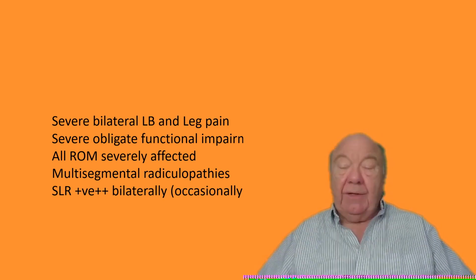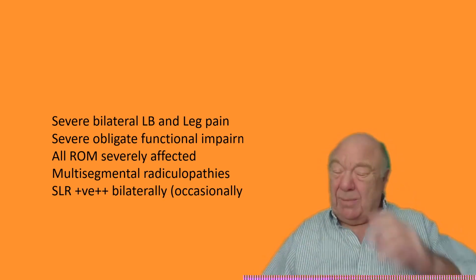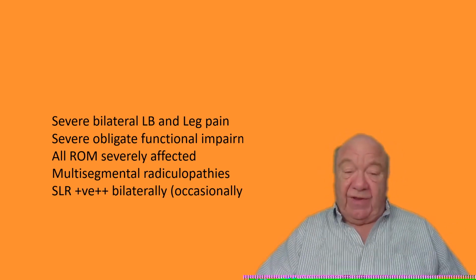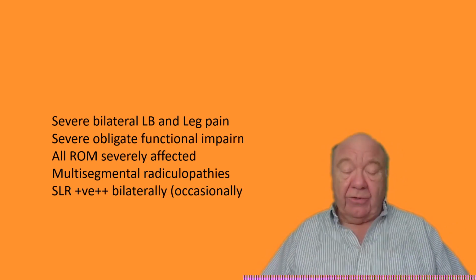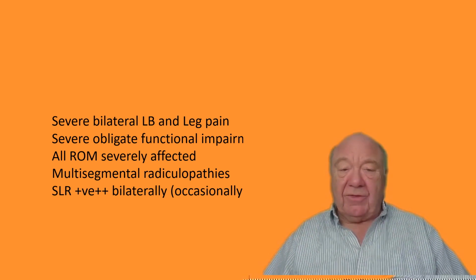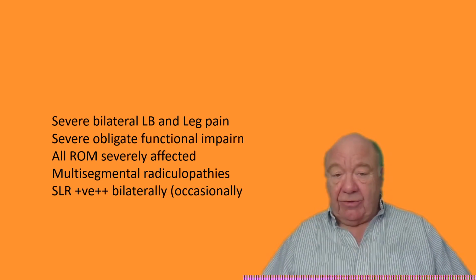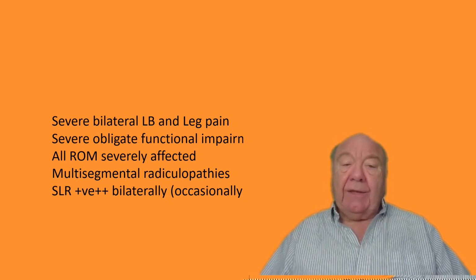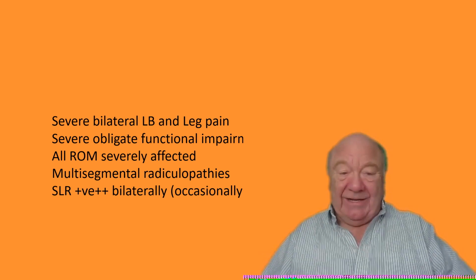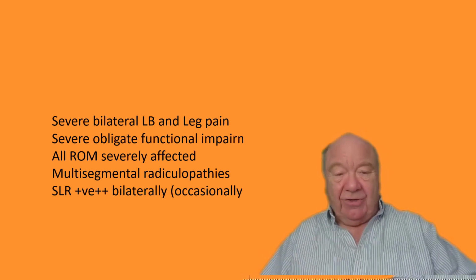Most of it is going to be neurological signs rather than pain, which is one reason that you're probably not going to see too many tumours, apart from the fact they're rare. These are going to go to the doctors rather than to you. But with a disc herniation, this is what you can expect. Severe bilateral low back and leg pain, severe. Much like a disc herniation, but of course it's bilateral. There's severe obligate functional impairment, like a disc herniation. All range of movements are severely affected, like a disc herniation.